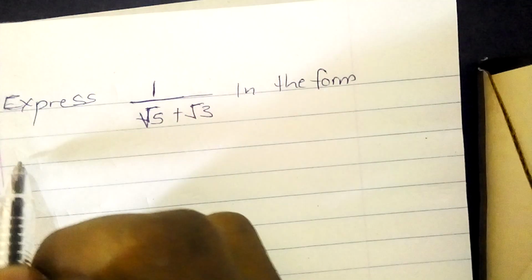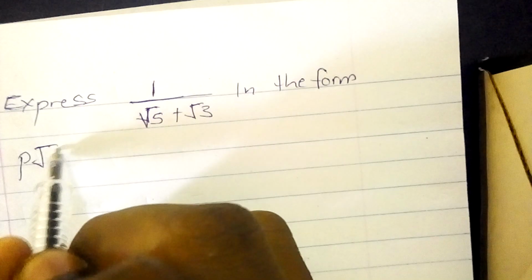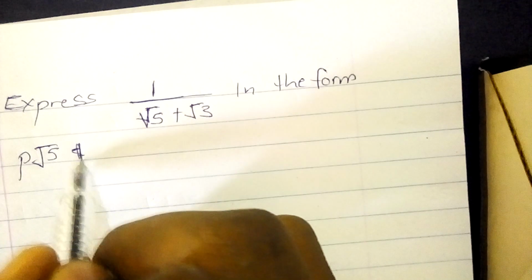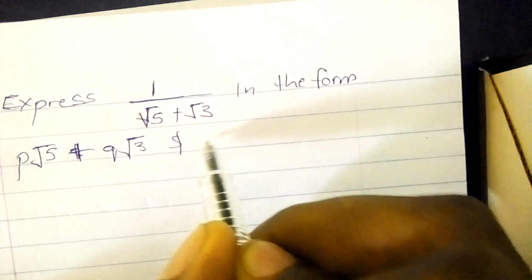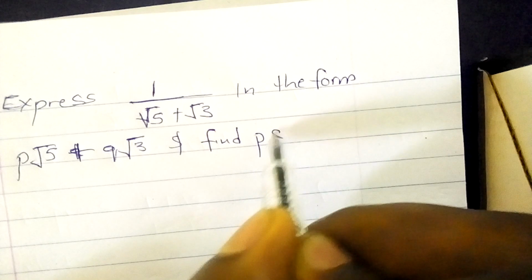For instance, now if I have: express 1 over root 5 plus root 3 in the form p root 5 plus q root 3 and find p and q.